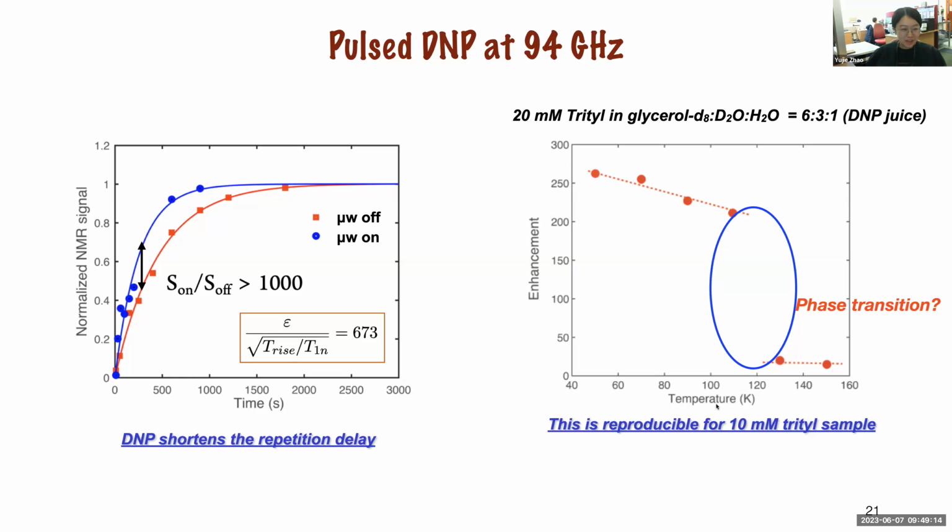Have you tried to purposely reduce the peak power a little bit, just to see how the enhancement changes with the peak power? Because as you said, at higher frequencies we don't have such powerful amplifiers or microwave sources. So it would be nice if we could have similar enhancement with relatively smaller power.